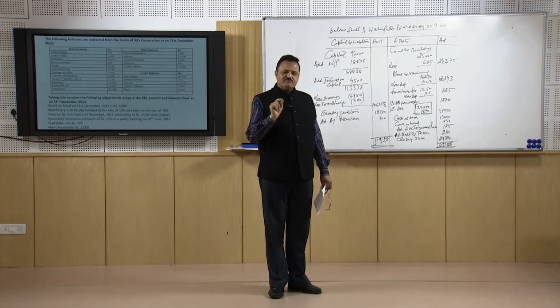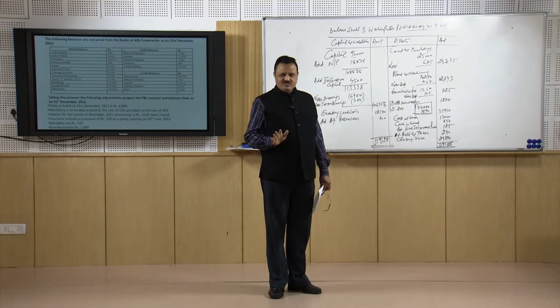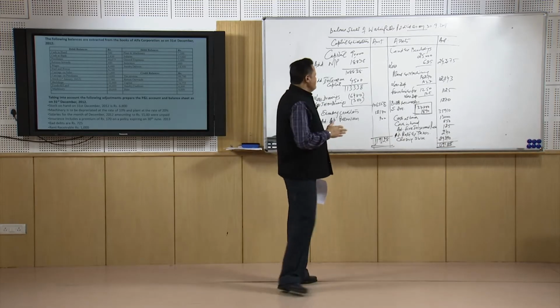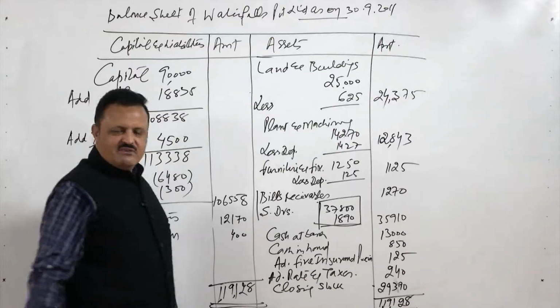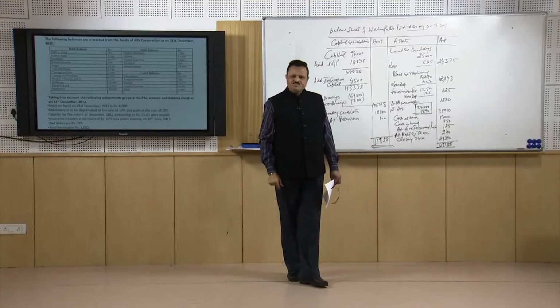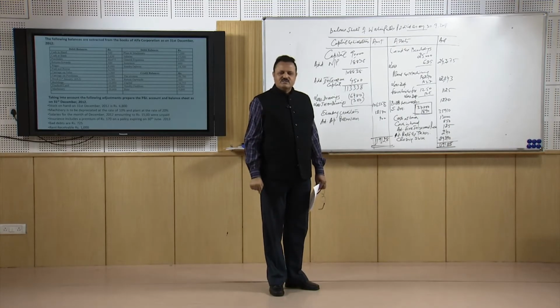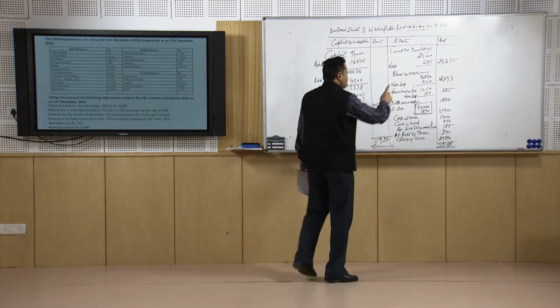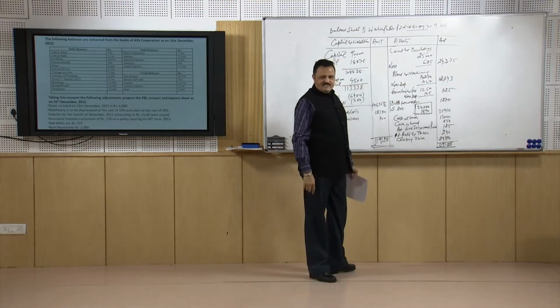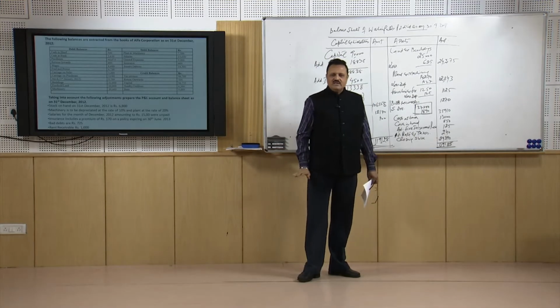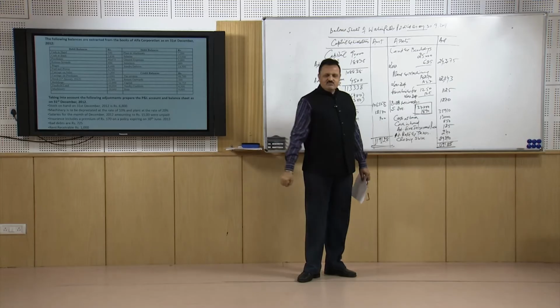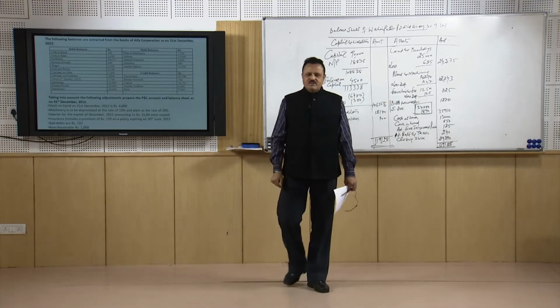So at the price at which that asset was purchased, we will keep showing it in the balance sheet. Maybe this land and building today is worth not 25,000 but 25 lakhs, it has gone up. It may be a different situation, but in the books of accounts we will keep showing it at the price at which it was acquired or purchased. So on this particular head we are showing depreciation.